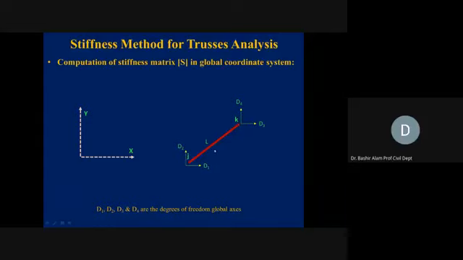Because shortening has occurred in this member 7. This vertical is less than this diagonal. So when we get shortening, shortening is always because of the compressive forces. So by the time we start pushing it to the right, it means we are inducing compressive forces in this member 7.